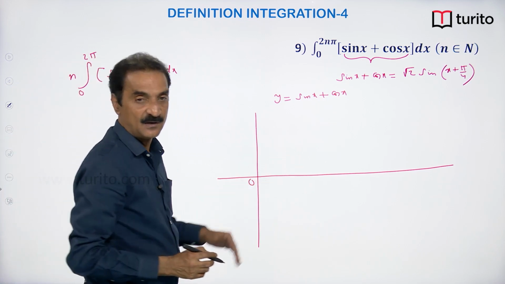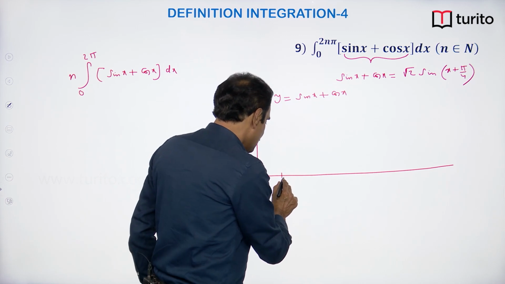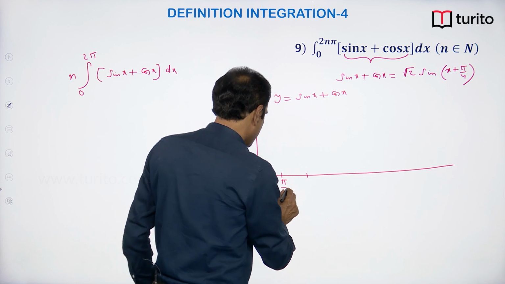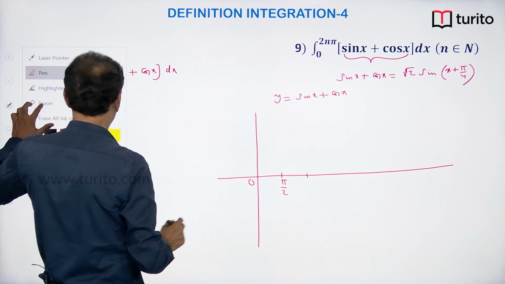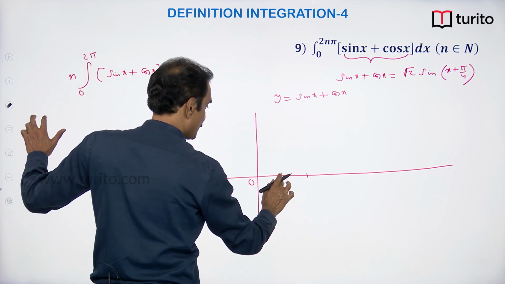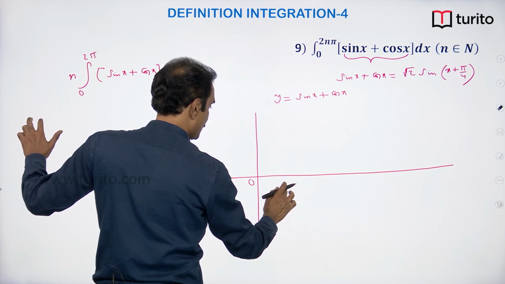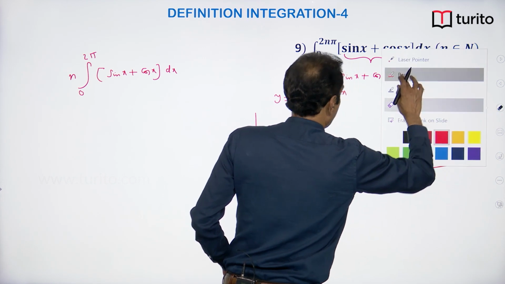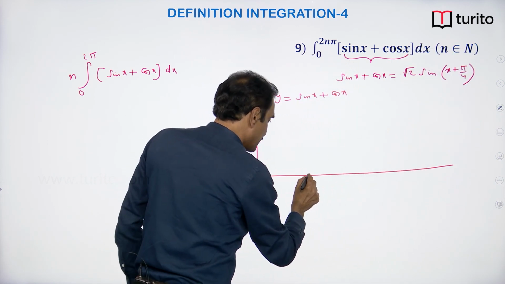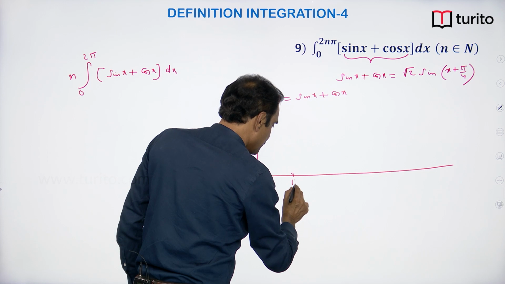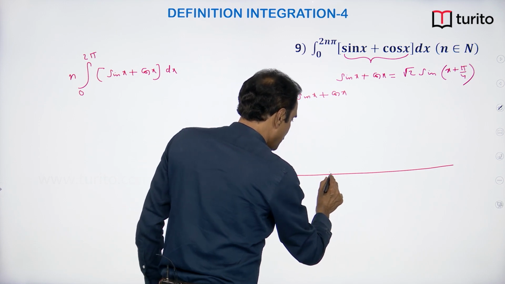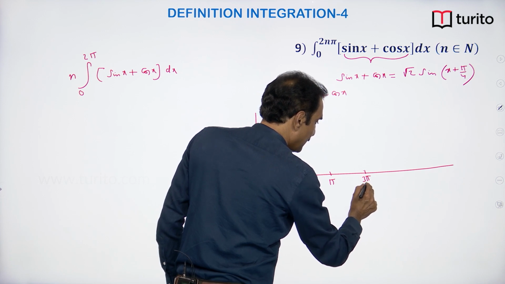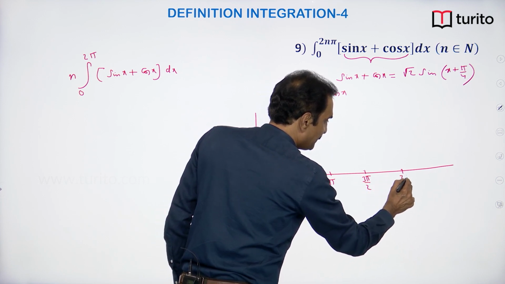So I am taking on x axis, I am taking 0, pi by 2, pi here, 3 pi by 2 and 2 pi.